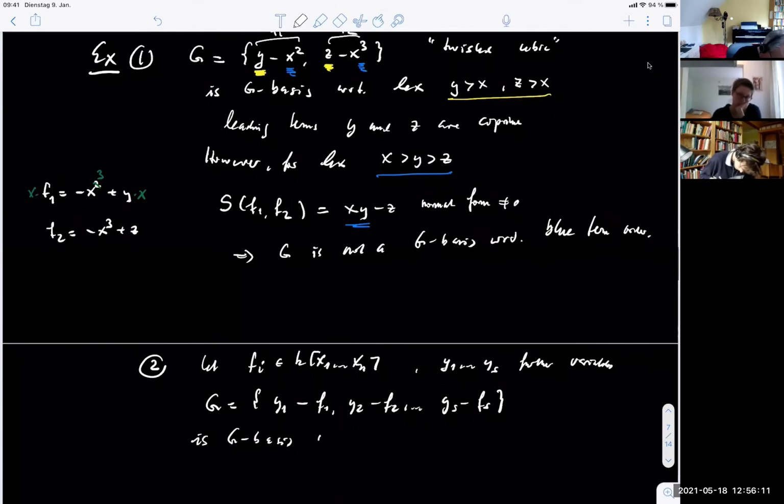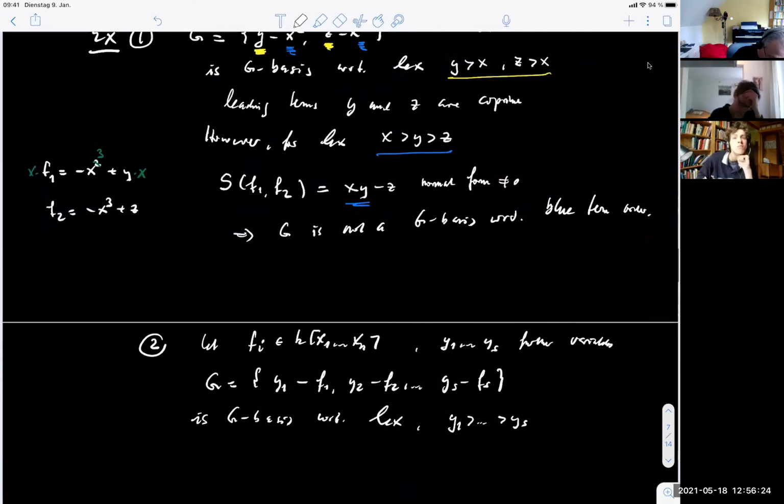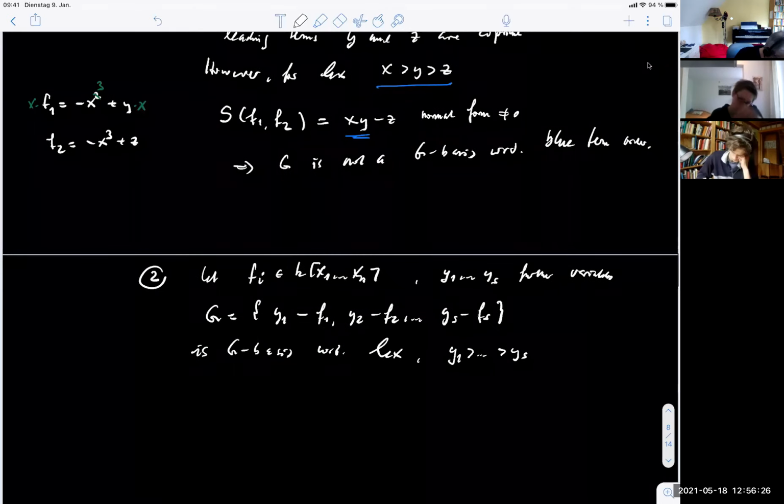With respect to the lex order, where the y's should be larger than the rest. Let's assume y1 greater than up to greater than ys. What is important is that the y's are larger than the x's. But to fix ideas, let's write it this way. Okay, I have this lex order.